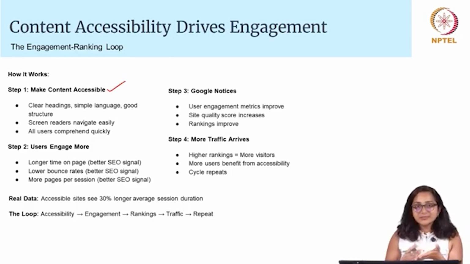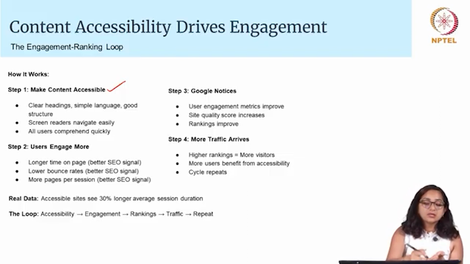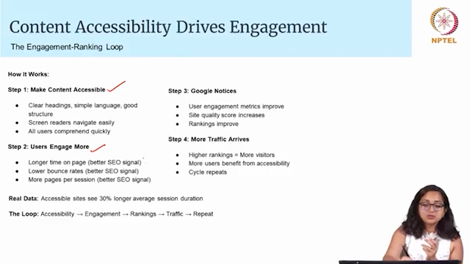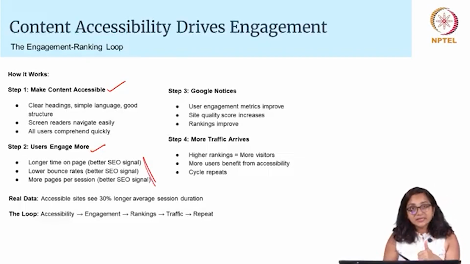If the headings are clear, the language is simple, good structure, all of those things, it will automatically engage more users. So they will stay on the page for a longer duration, they will bounce less, with lower bounce rates, they will engage with more pages per session. So all of these indicate better SEO signals.